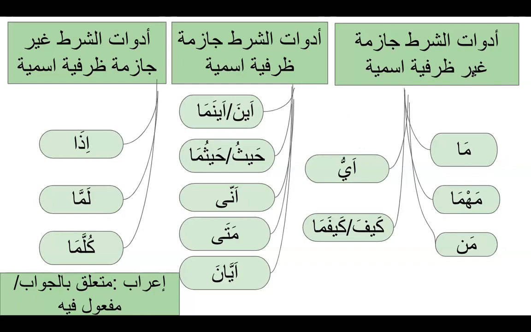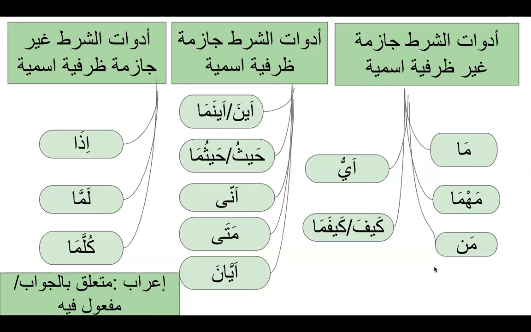Does it make sense? So among those that have nothing to do with time and place, we have ma, mahma. They may not be indicative of time. Man, for sure, is used for intellectual beings. So do you think it has anything to do with time and place? Whoever is man, or Sister Saima, does it have anything to do with a noun of time and place?